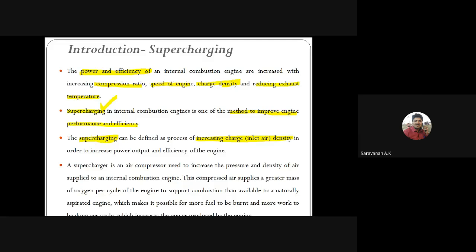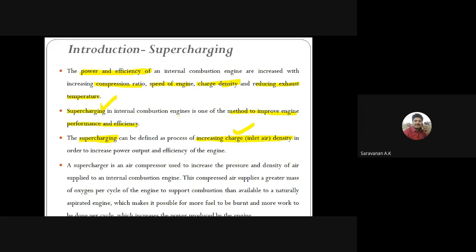So we have to increase the mass flow rate of the air. Then the density of the charge will increase, and the power output and efficiency of the engine will be improved. This method is called supercharging.